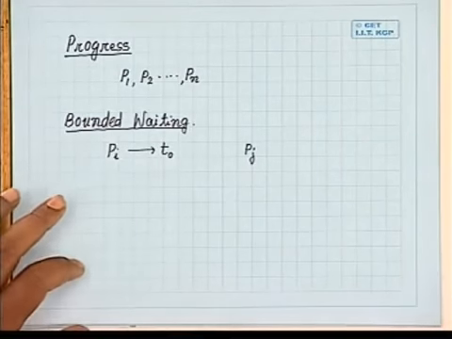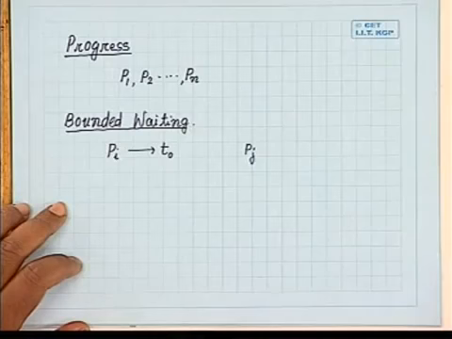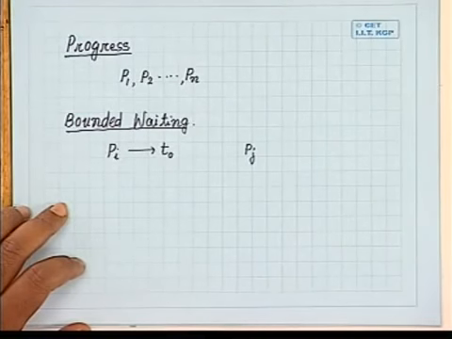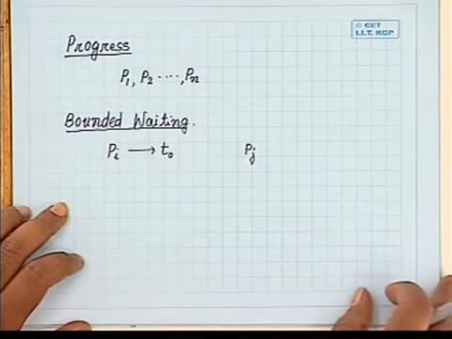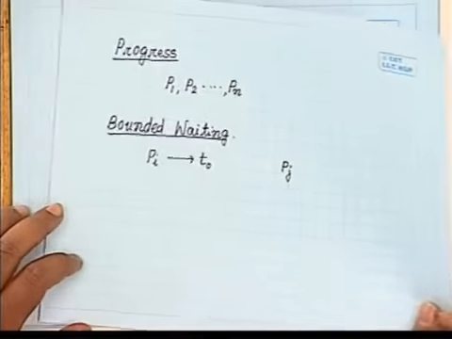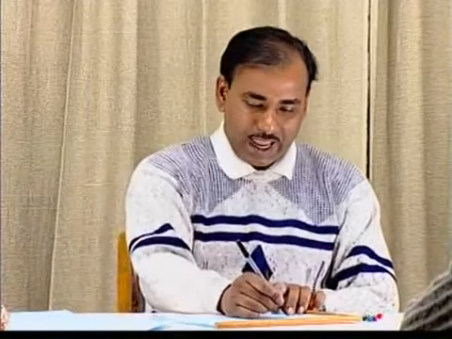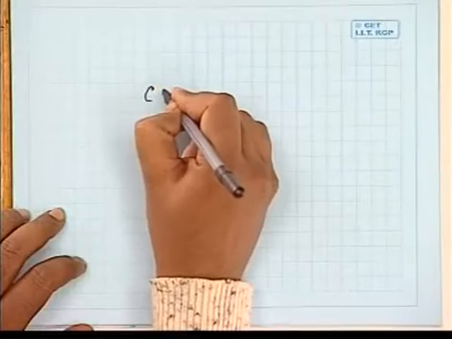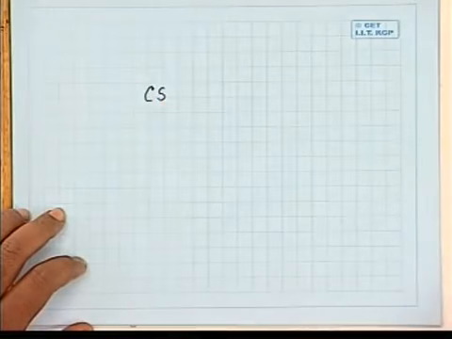So these are the three requirements of any solution to a critical region problem. Accordingly, whenever we have a critical section in the code, the entire program can be broken into a number of sections. Obviously, I have a section called a critical section.